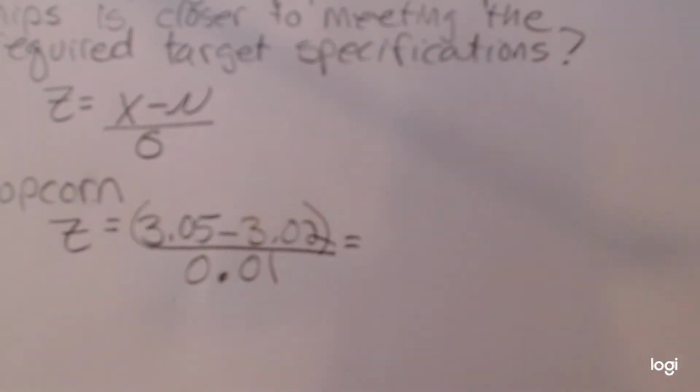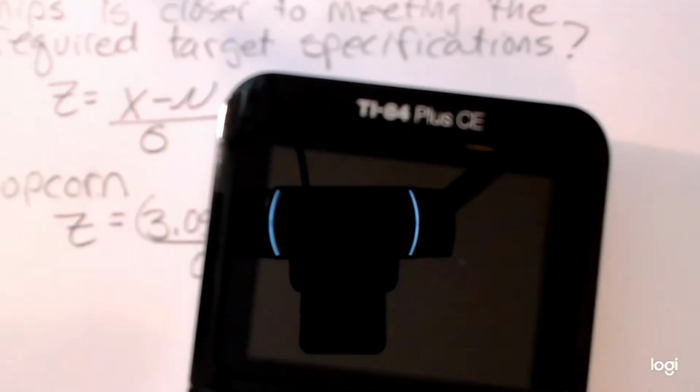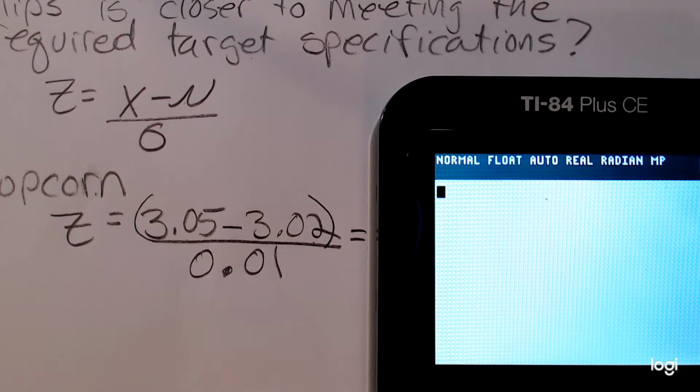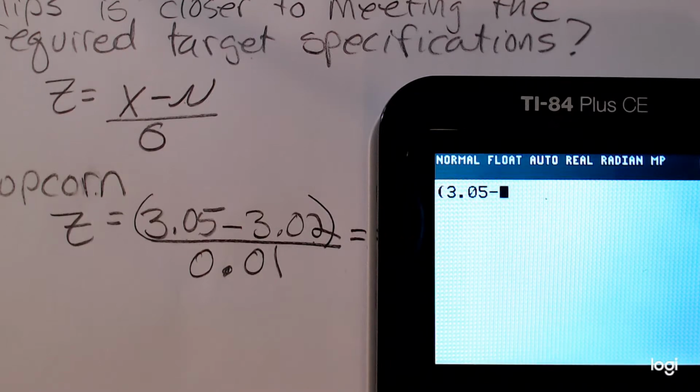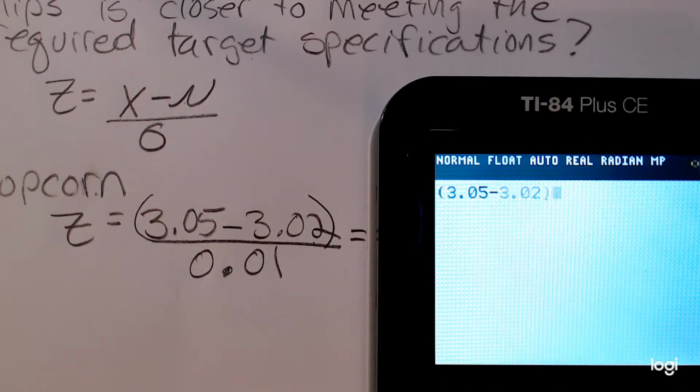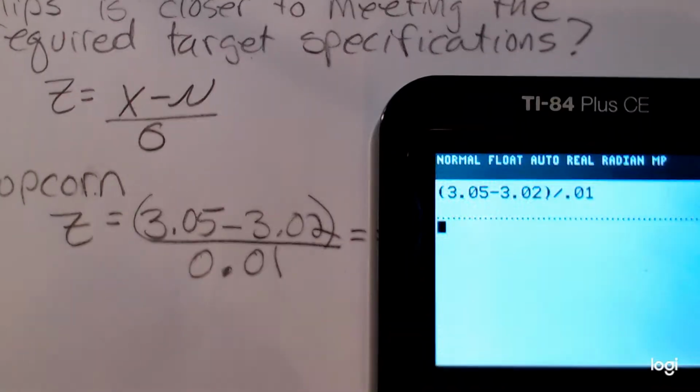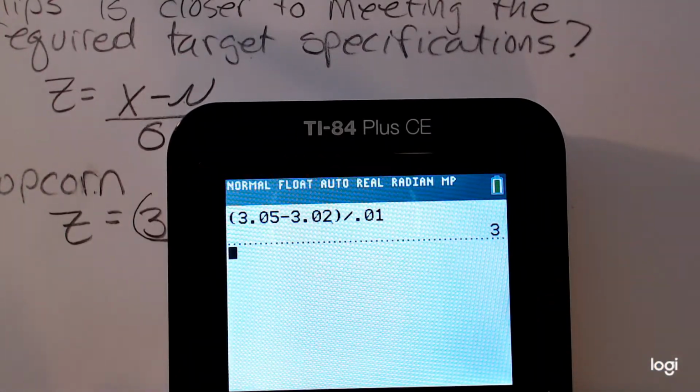So doing that in my calculator, 3.05 minus 3.02, I could have done that in my head, divided by 0.01 is a standard deviation of 3, or a z-score of 3.